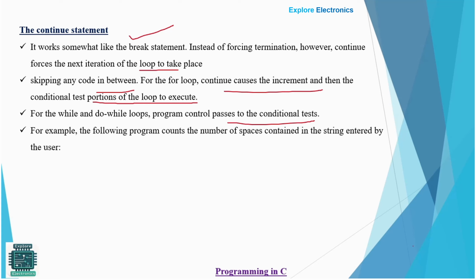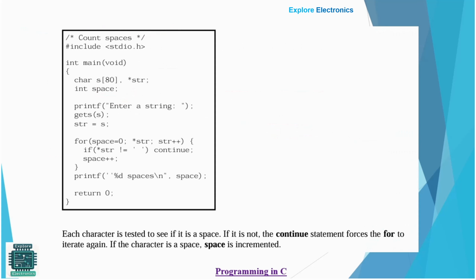For example, the following program counts the number of spaces contained in the string entered by the user. The code is in the next slide. That is, this is the code. Here, counting space. Here you declare, and printf enter a string, gets string. Here we want to count.